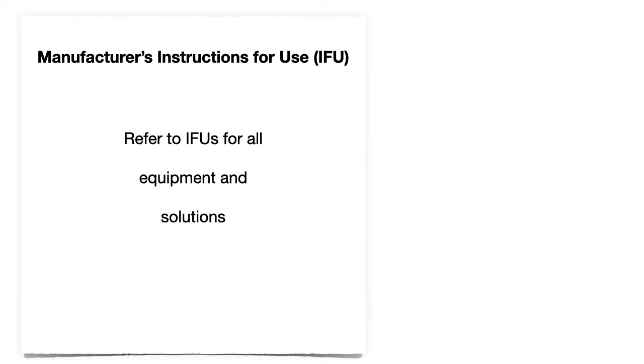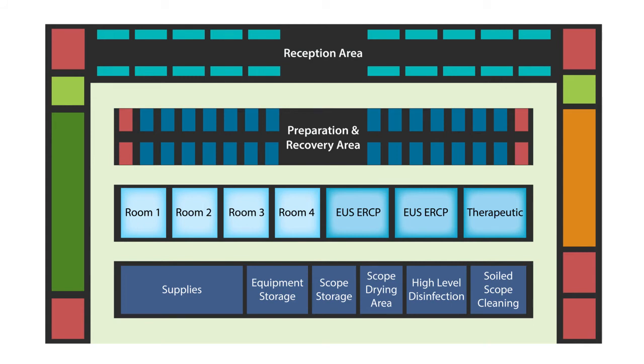So now coming to endoscope reprocessing. We talked about cleaning, disinfection, sterilization, non-critical, semi-critical, and critical items. So having those definitions under your belt, let us look at an endoscopy unit.